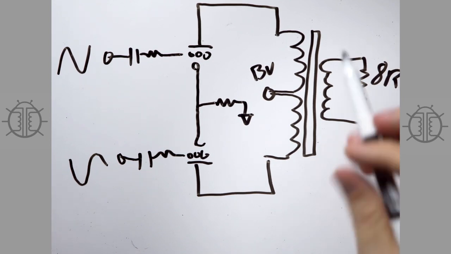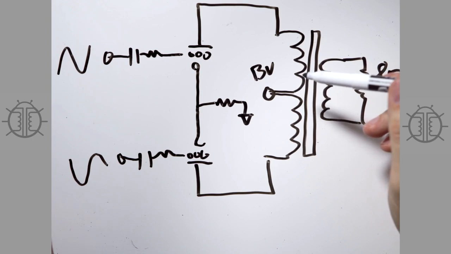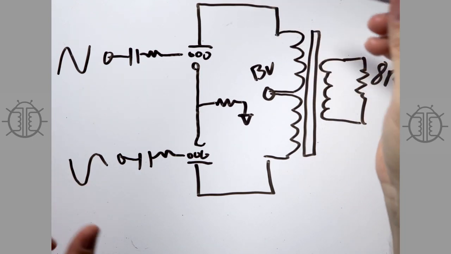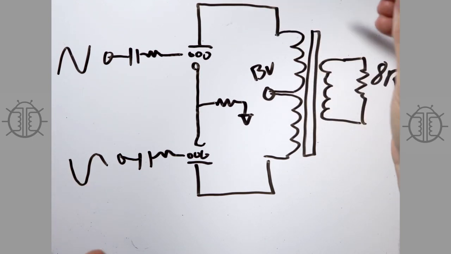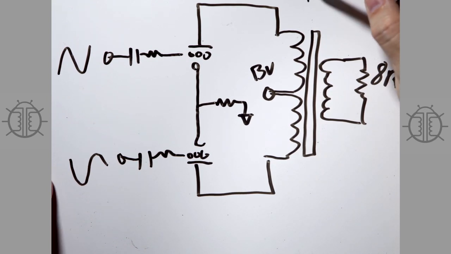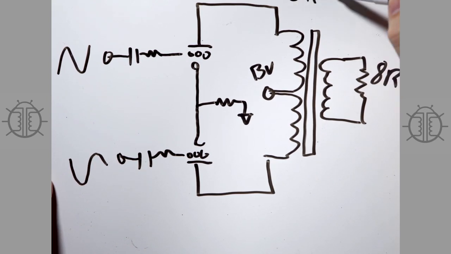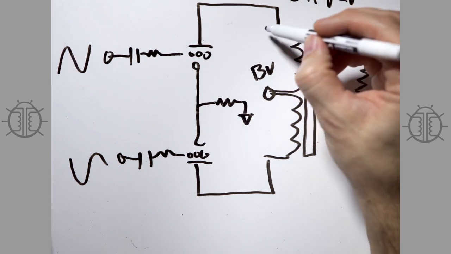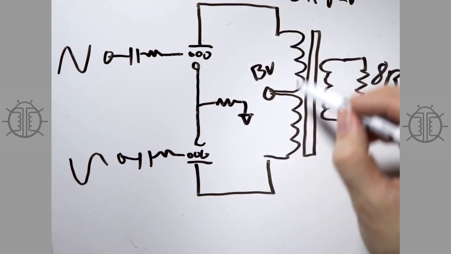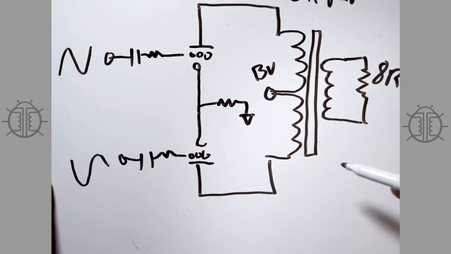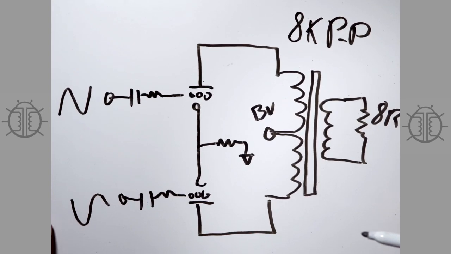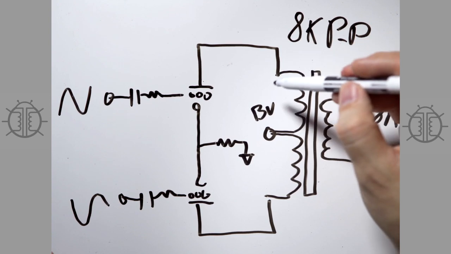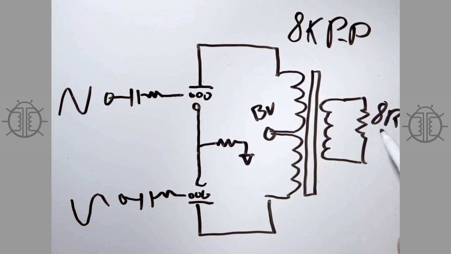Now, the way a push-pull output transformer works is they're rated plate to plate. So if you get a push-pull output transformer that says 8K, let's say it says 8K plate to plate, what that means is that from plate to plate, across the entire primary, is going to be 8K if the output is 8 ohms.